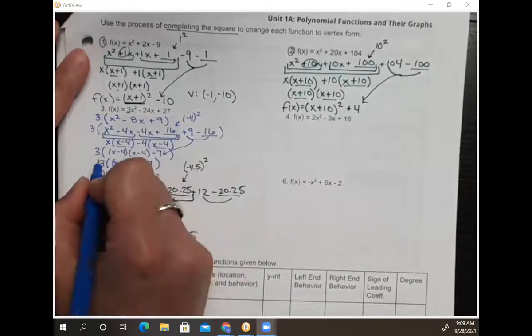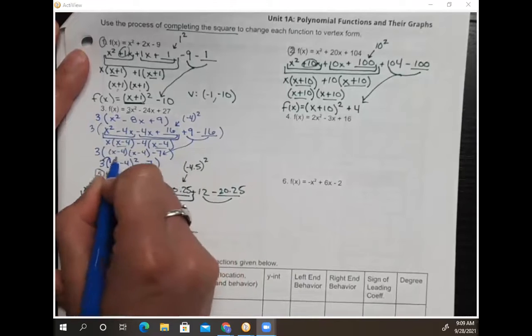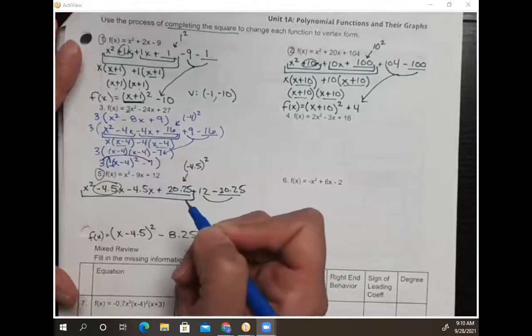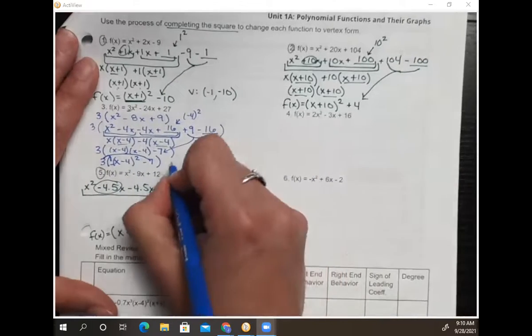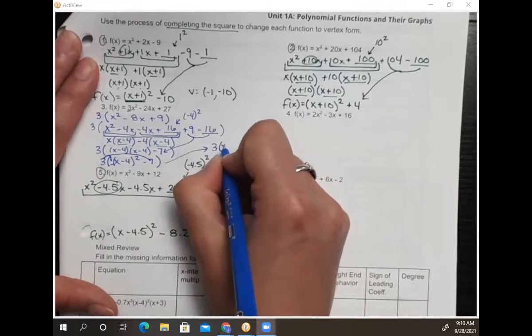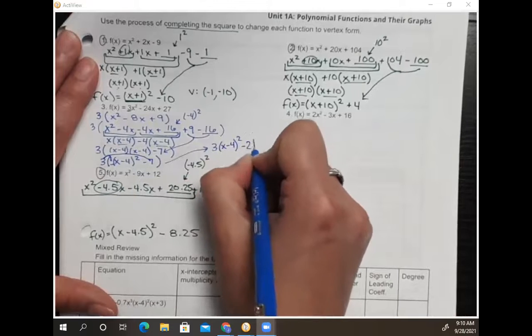So what I'm going to do for my last step is take this 3 and distribute it to both of these terms. When I distribute it to the x minus 4 squared, it's just going to land right in front there. And then I'll multiply it by the 7 here at the end. So this would become 3 times x minus 4 squared minus 21.